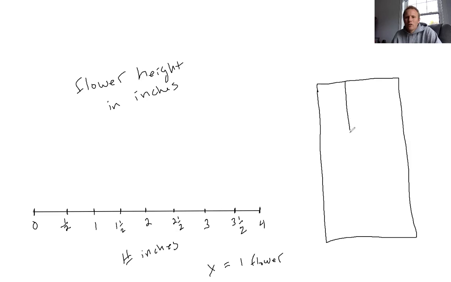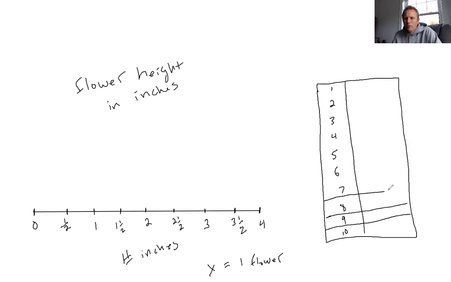Your 10 flowers came in like this. This is a chart or a table of your flowers. So flower number 1, 2, 3, 4, 5, 6, 7, 8, 9, and 10. Don't mind the sloppiness here. I'm doing the best I can with this writing tool.